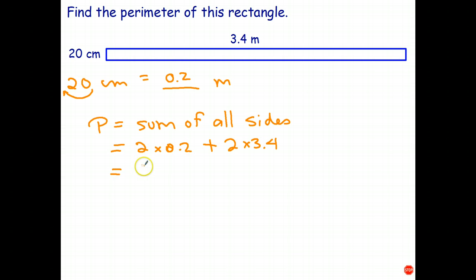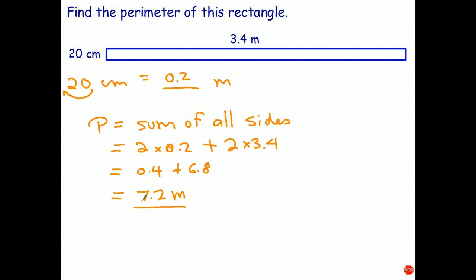I like to do these in my head, so I'm going to go, that's 0.4, because 2 times 2 is 4. 3.4 times 2 is 6.8. And I can add those together, and I get 7.2 meters.